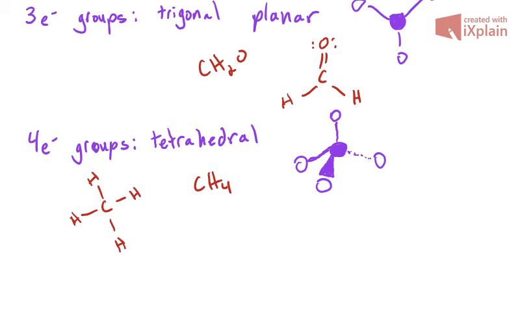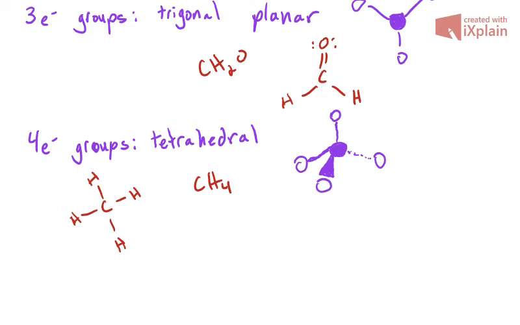Okay, so I'm showing you guys just the regular formula, the 2D, and then the 3D. Okay? Any other questions before we move on to the 5th group? Or I guess 5 electron groups.